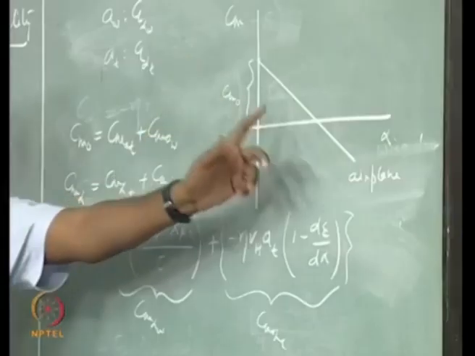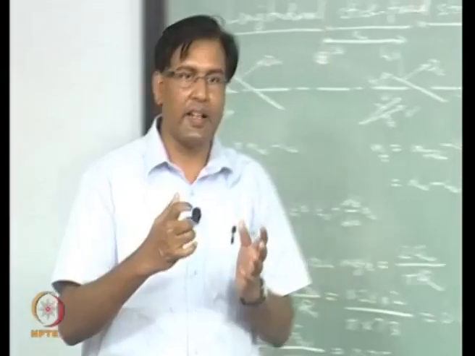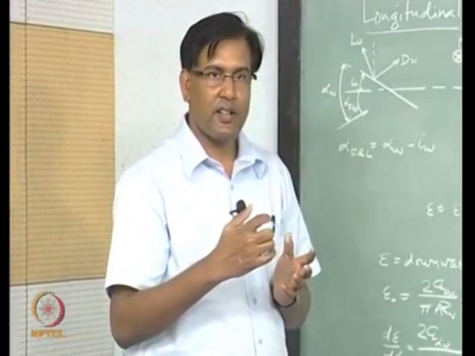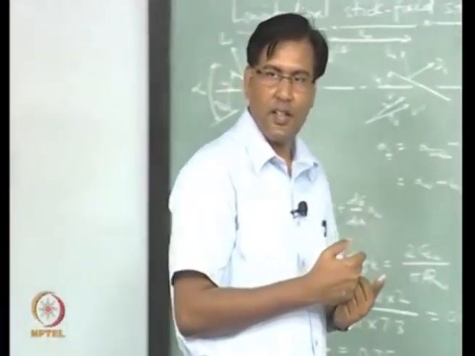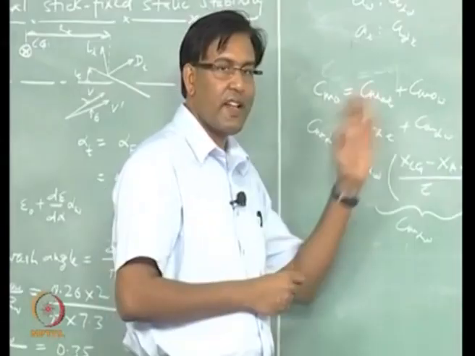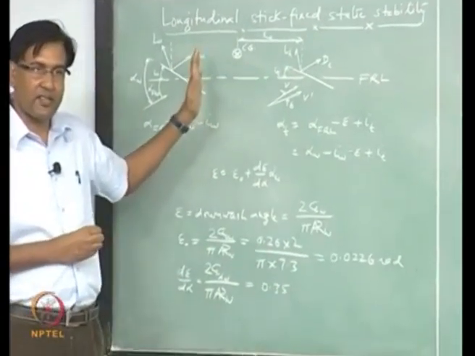We arrived at this slope using the fact that CG is lying after the aerodynamic center of the wing, right.